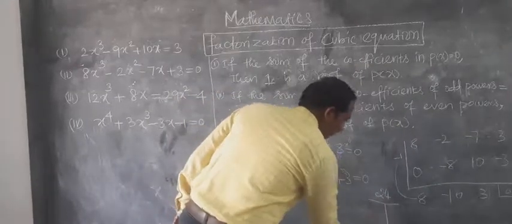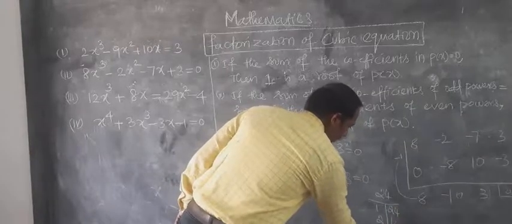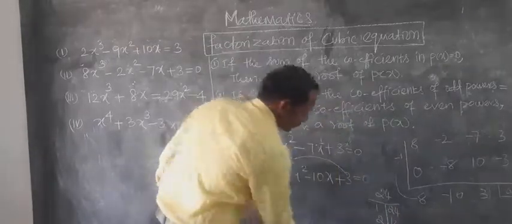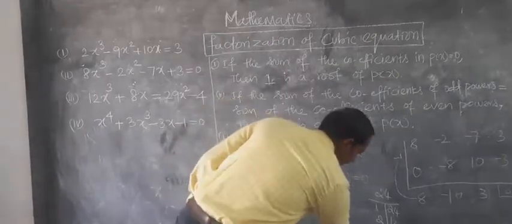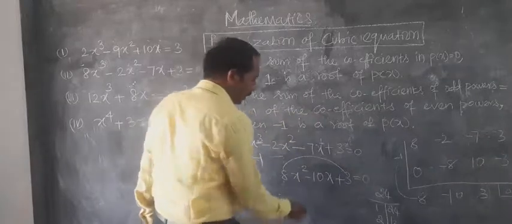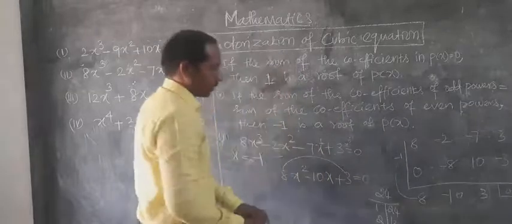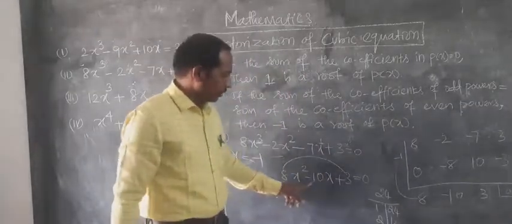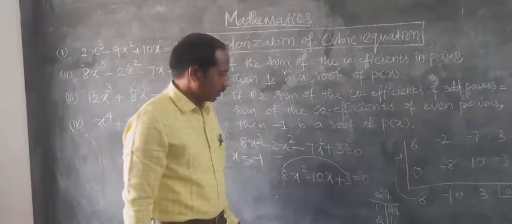Use the possibilities: 1 into 24, then 2 into 12, 3 into 8, 4 into 6, then 6 into 4, like this. Now we want to check it, the negative 10 we need here. So what are the possibilities?